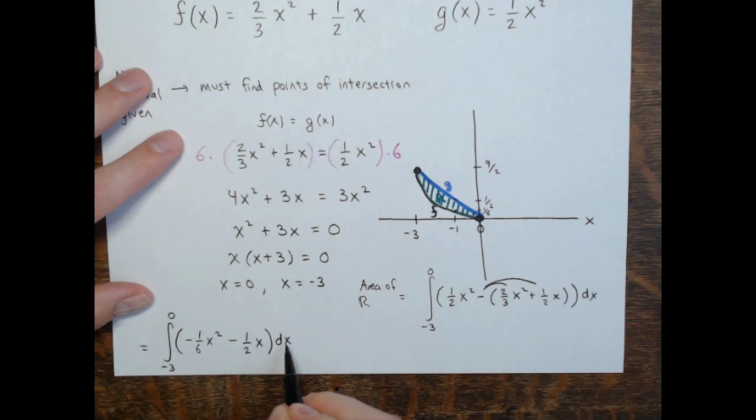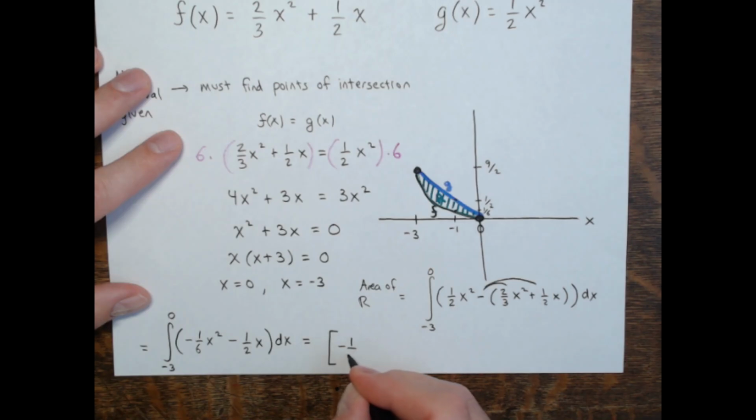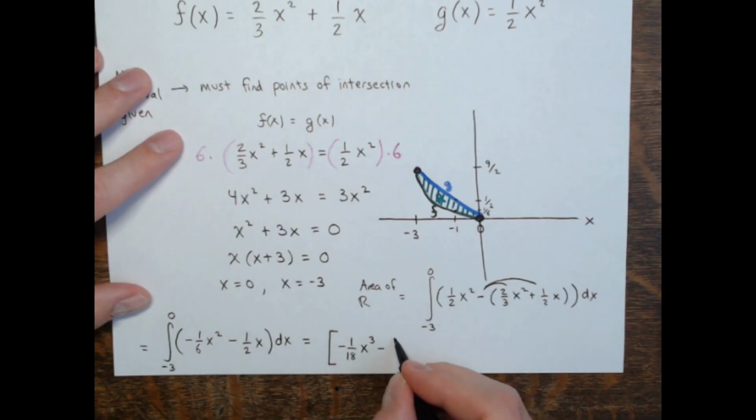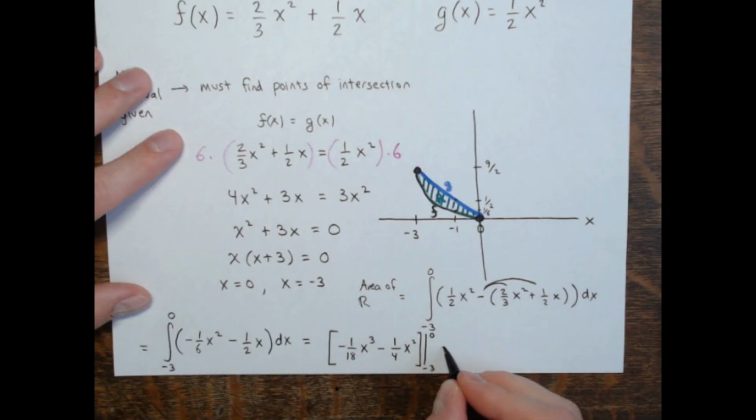And then, of course, with respect to x here, and we're doing fundamental theorem part 2. So antiderivative of this would be -1/18 x cubed minus, and then 1/4 x squared. And we're evaluating these things from, again, -3 to 0.